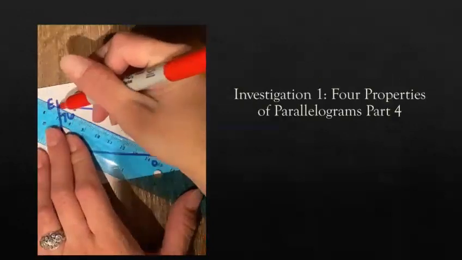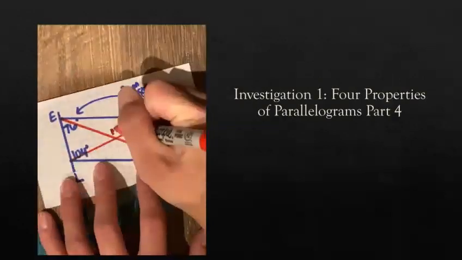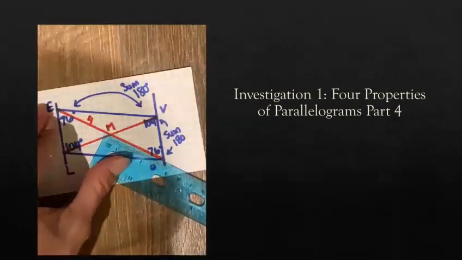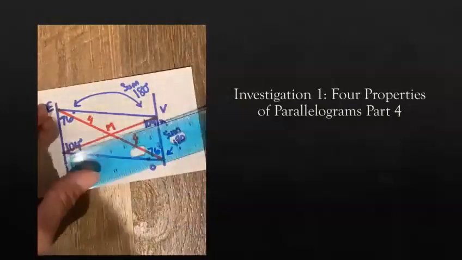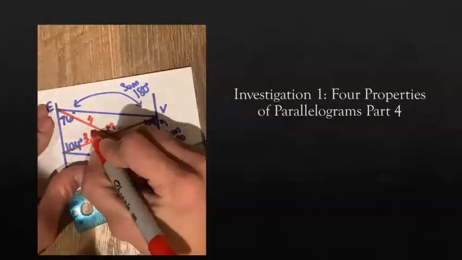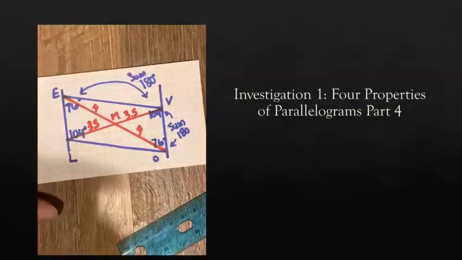So here I'm drawing in my diagonal, and the point where it intersects is point M. Now I'm measuring mine. You see that my first diagonal, I got about 4 centimeters on either side of M. My second one, about 3.5. So that shows me that my diagonals are not congruent.